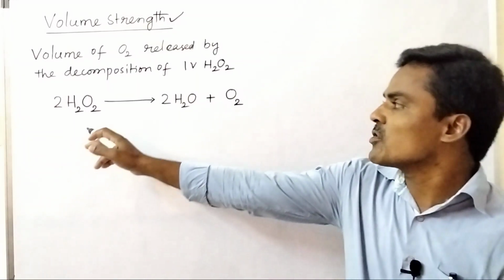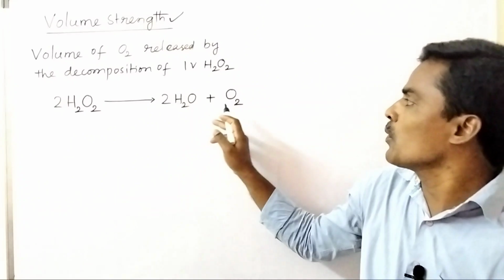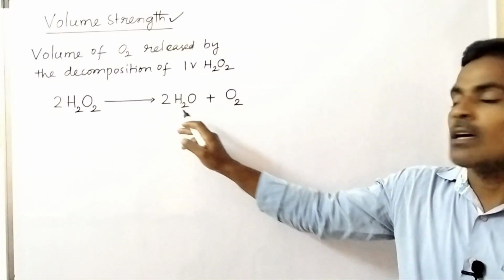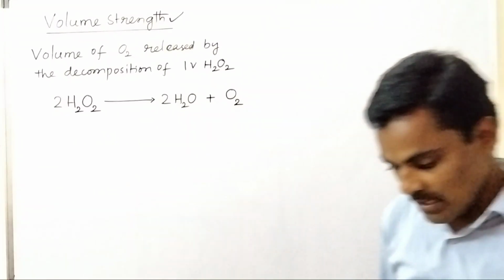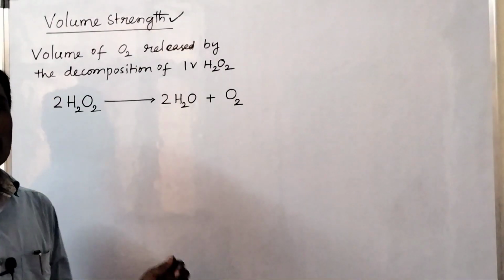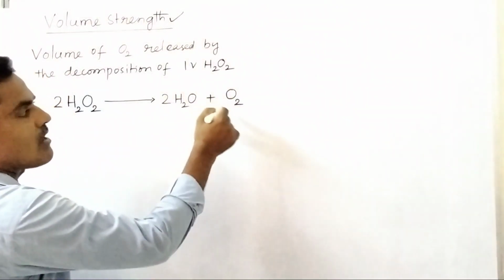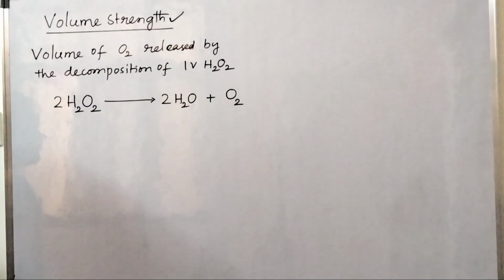In the balanced equation, 2 moles of hydrogen peroxide decompose into 2 moles of water and 1 mole of oxygen. That means 2 moles of hydrogen peroxide decompose to release 1 mole of oxygen.